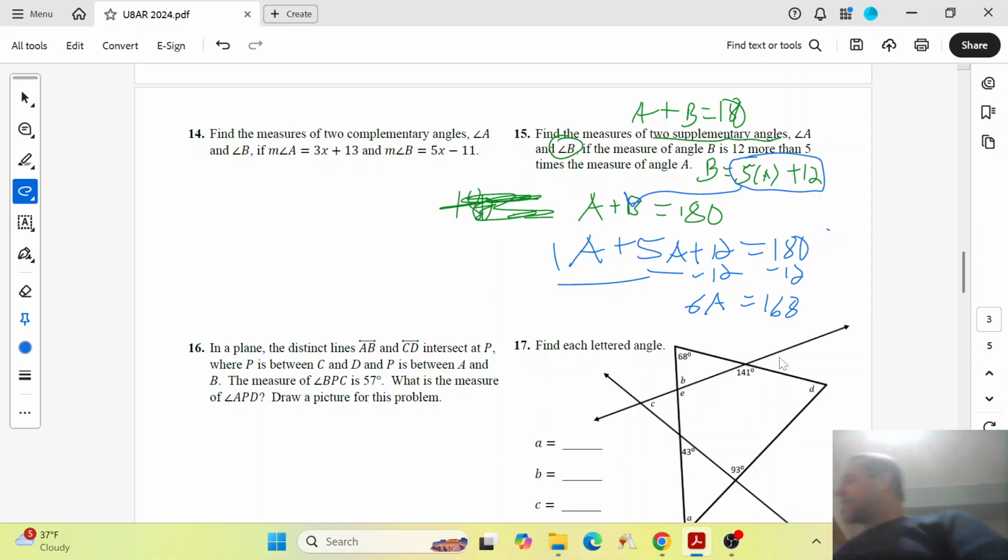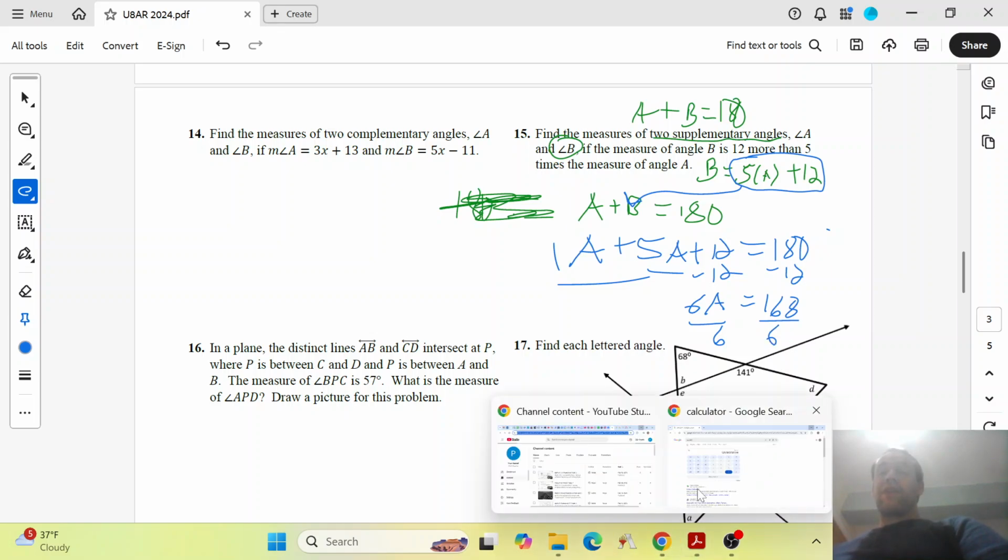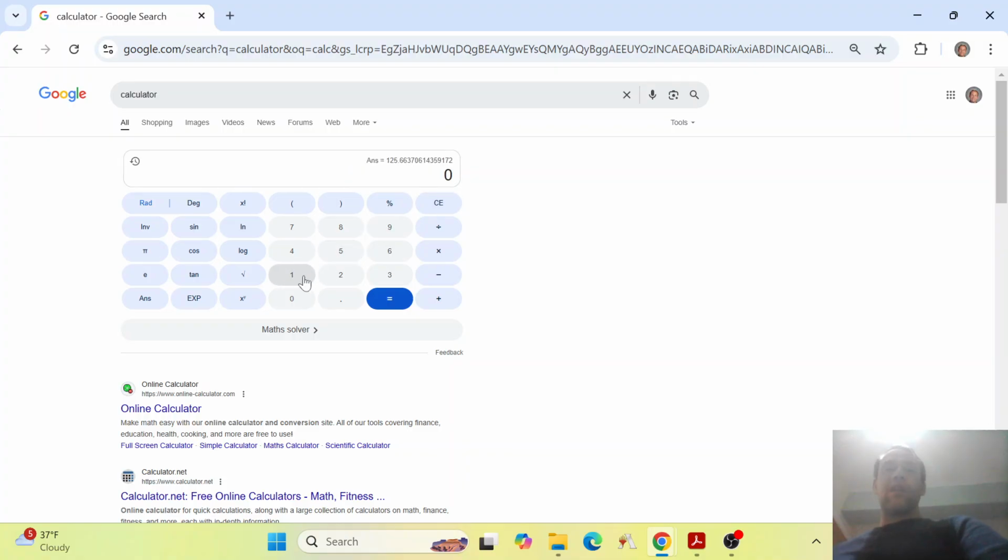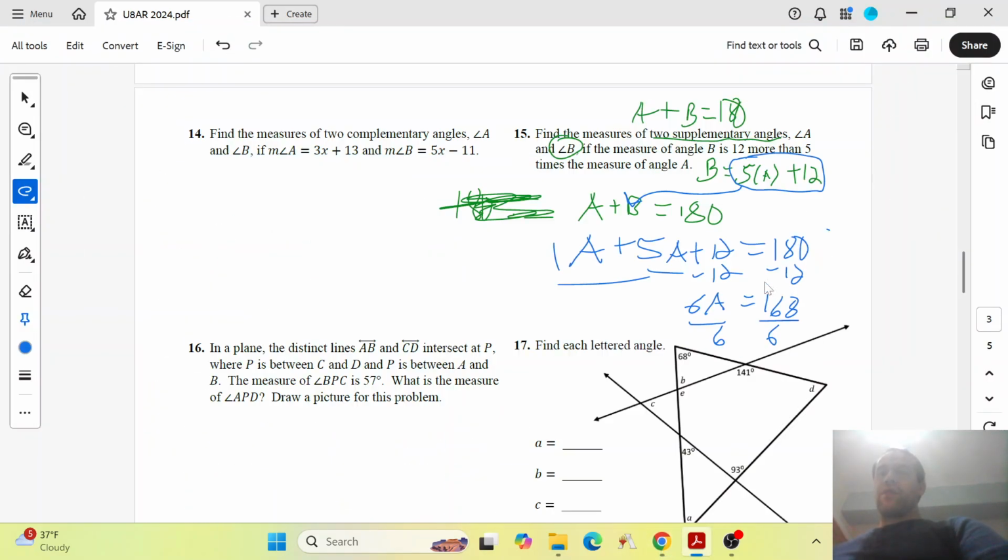Now we're going to divide by 6. So what's 168 divided by 6 is the question. And 168 divided by 6 is 28. So that means that angle A is equal to 28.